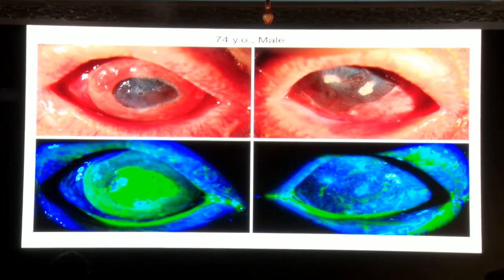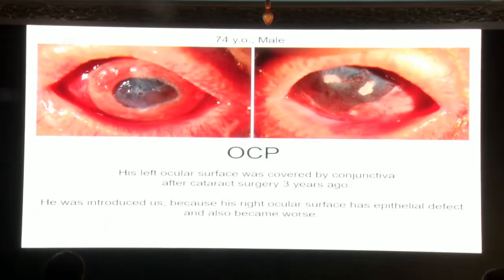Gita, what do you think? Not SJS. Not SJS, OCP. Yes, that's right. So this is OCP. His left ocular surface was covered by conjunctiva after cataract surgery 3 years ago, and he was referred because his right ocular surface has an epithelial defect and is also becoming worse.